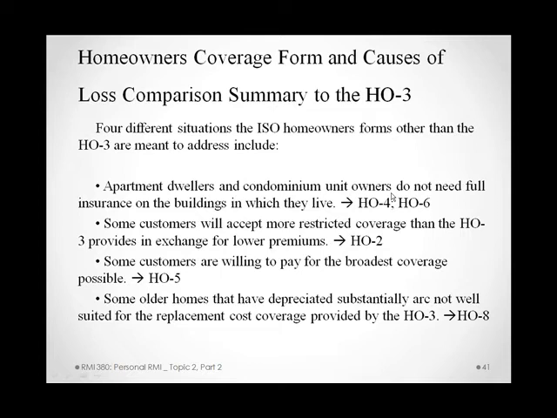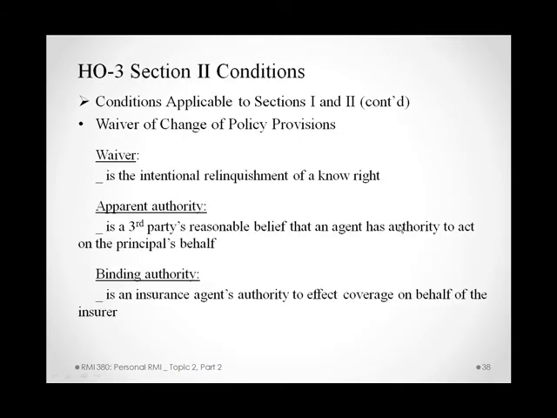Similarly, if you own a condo, you don't necessarily own the entire condo because you could be sharing your roof and your walls with your neighbors, and therefore you don't have absolute ownership of those properties. And the condominium unit owner's insurance policy, the HO6, would cover that loss.